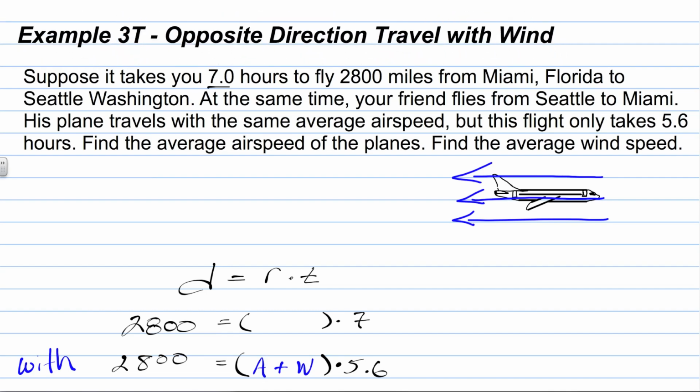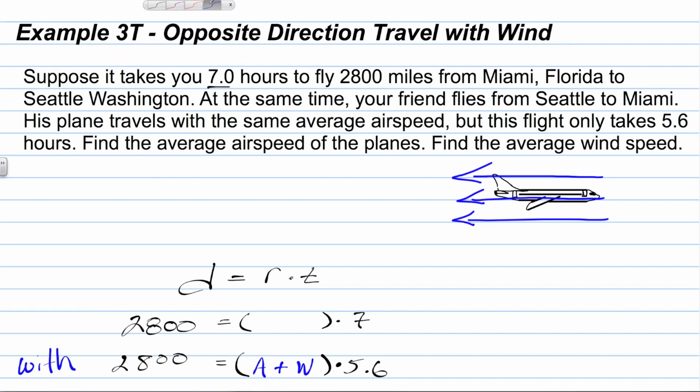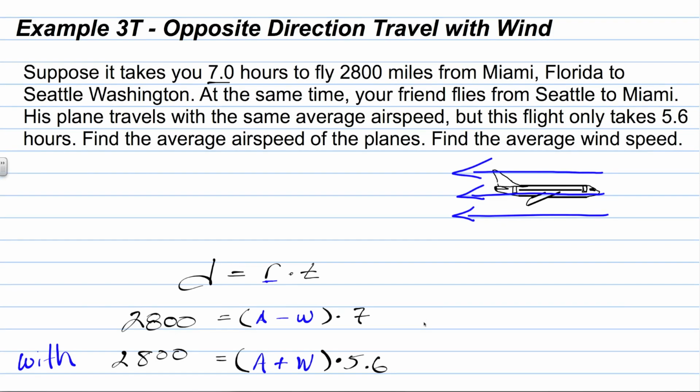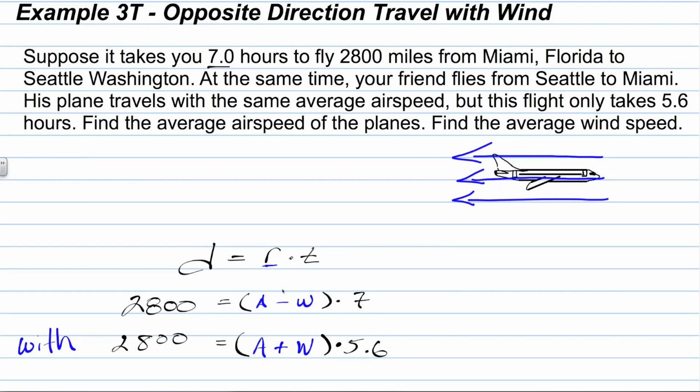So we express that speed, that rate, by taking the speed of the airplane and subtracting the speed of the wind, because you're going to be slowed down. Now here's the system of equations we need to solve this problem. Once we solve for A, we'll know the average airspeed of the planes, and then we'll be able to go back and find the average speed of the wind.